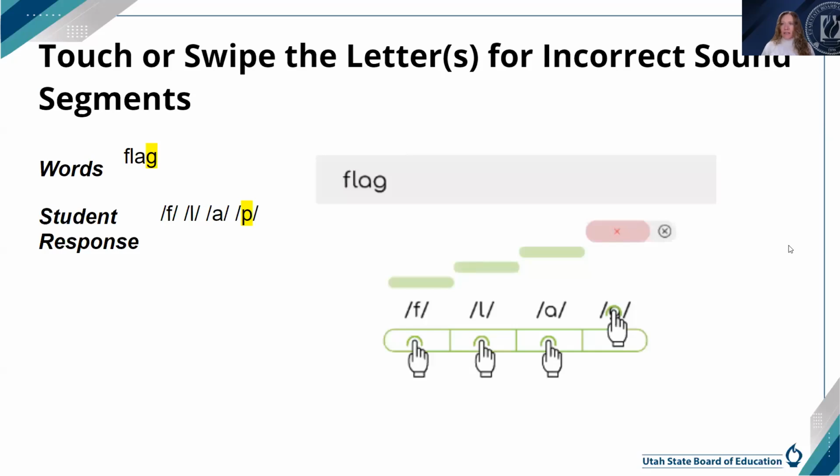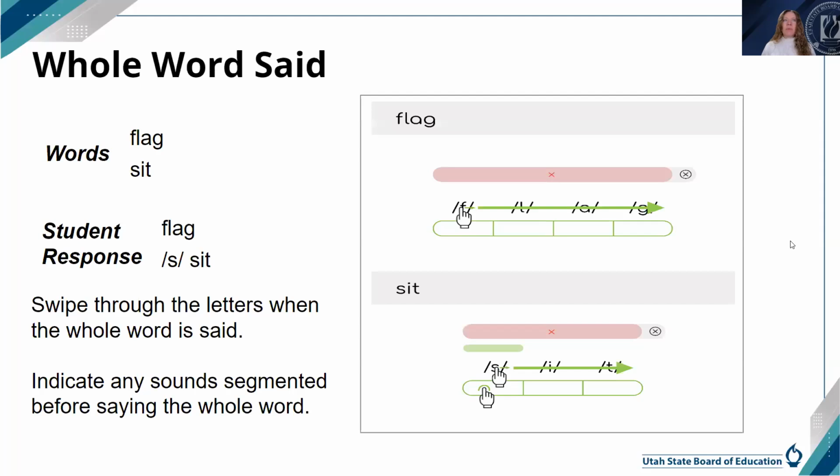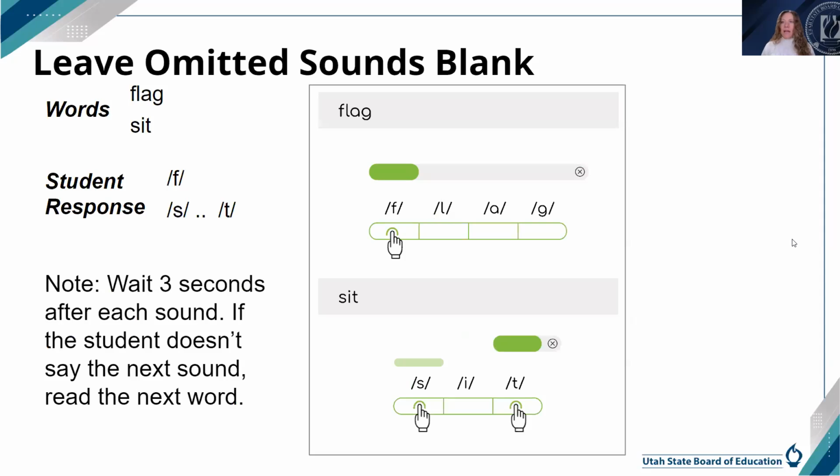You're going to touch the letter for incorrect sounds. And if the student repeats the whole word, slide your finger across all the letters to indicate the whole word was repeated. Omitted sounds are just left blank and you do not score them.